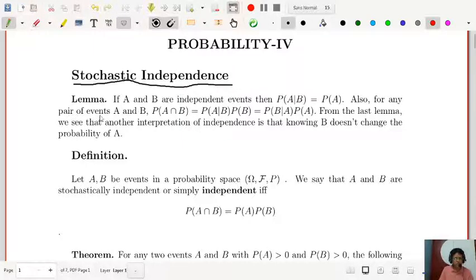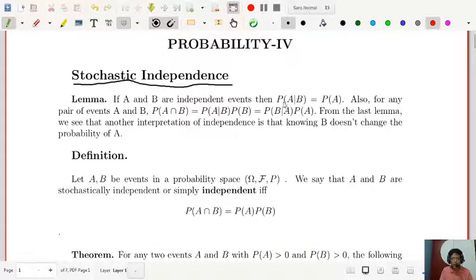So look at that. First I will start with a lemma. If A and B are independent events, then probability of A given B occurs is equal to probability of A. If A and B are independent, that means A doesn't depend upon B. Whether B has occurred or not, that does not have any effect on A. Also, for any pair of events A and B, probability of A intersection B is equal to probability of A given B occurs into probability of B, equal to probability of B given A occurs into probability of A. So this thing we have learned from conditional probability.